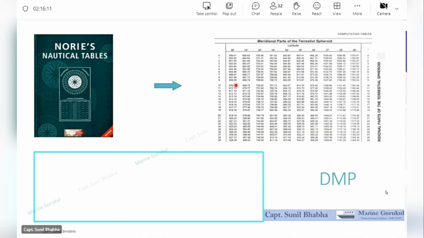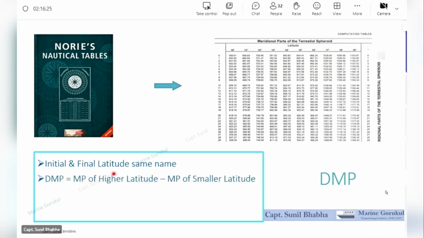Once you obtain the meridional parts for your initial latitude and the final latitude, these meridional parts are combined together to get the DMP. When the initial and final latitudes are of the same name, the DMP is obtained as meridional parts of higher latitude minus meridional parts of the smaller latitude, bigger MP minus smaller MP.